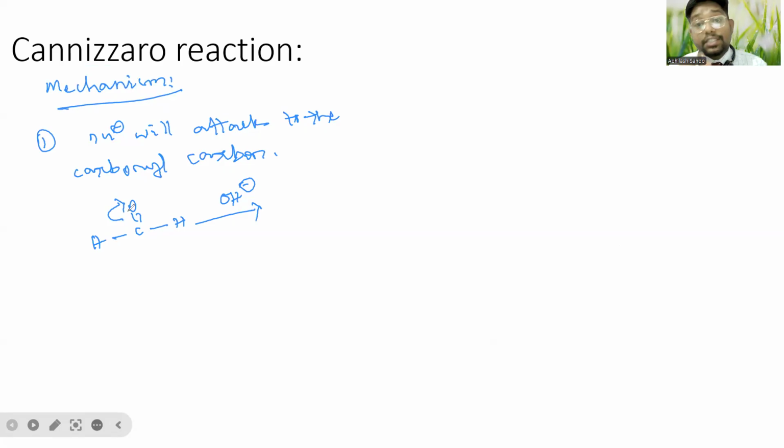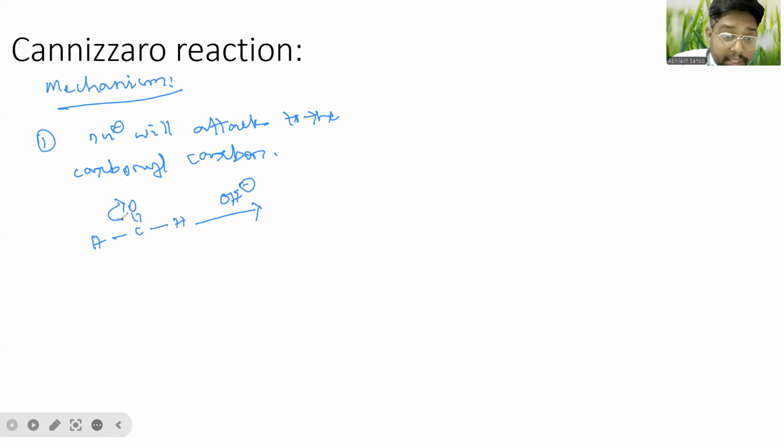That proton which is attached to any electronegative atom like fluorine, oxygen, nitrogen, any halogen, or any hydrogen atom which is attached to a carbon atom, and that carbon atom is attached to a strong electron withdrawing group. Then in that case also that hydrogen will be active. But here there is no such case where this base can abstract the proton. So as the base can't abstract the proton, it will act as your nucleophile.